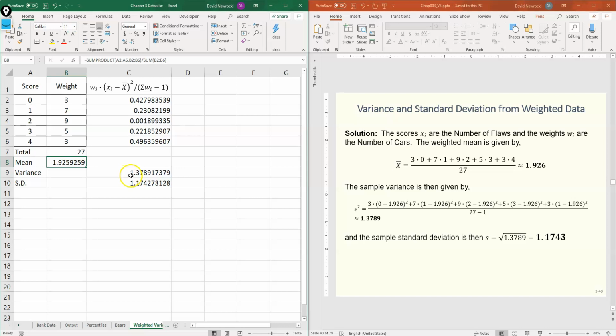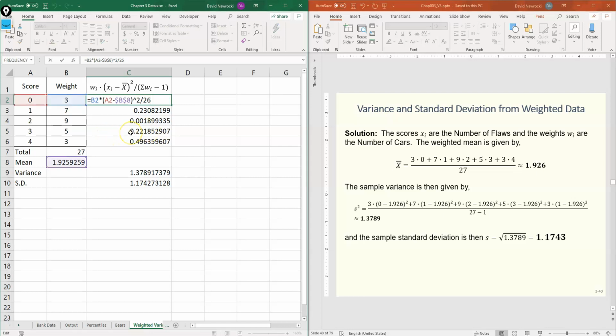Now, to calculate the variance and standard deviation, we have to create another column. So right here, we have a column representing Wi times xi minus x bar squared divided by the sum of the weights minus 1. So let me show you what this formula is.